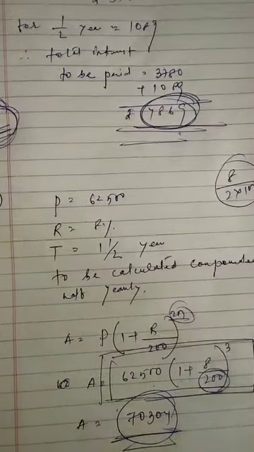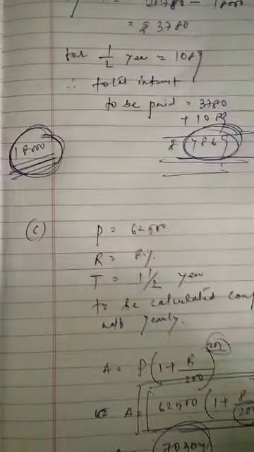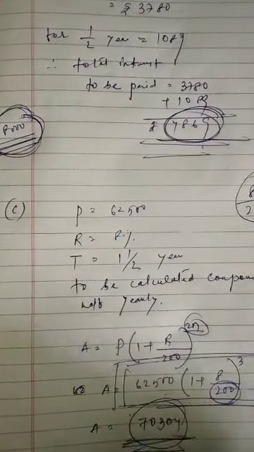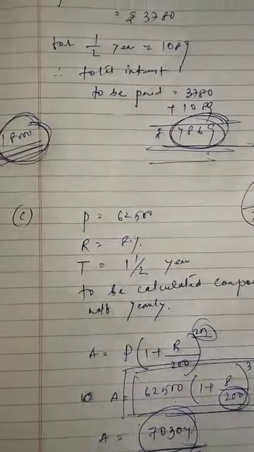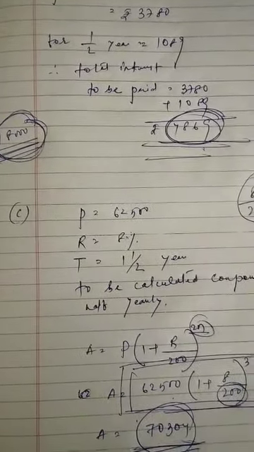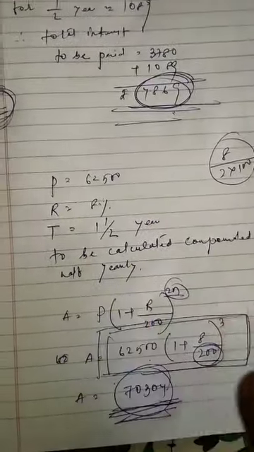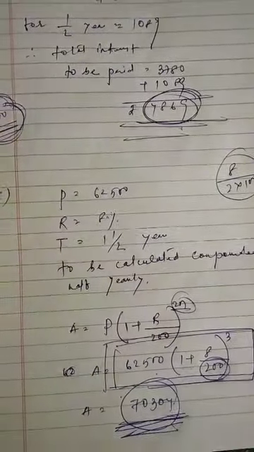And the interest you can easily make out: if you subtract 62,500 from 70,304, you will get the amount to be paid as interest. You will get your answer.